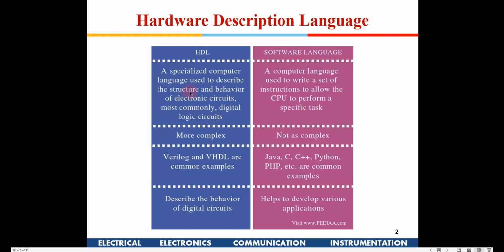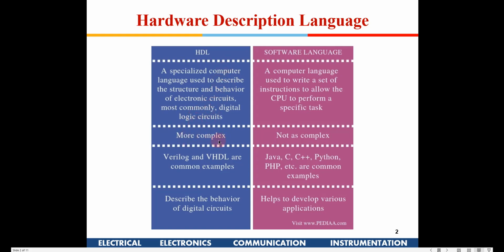The language we use here is to describe the structure and behavior of electronic circuits, right? So it is not a general software language. This is more targeted towards hardware. The output will be a hardware circuit. So that is where the difference lies.